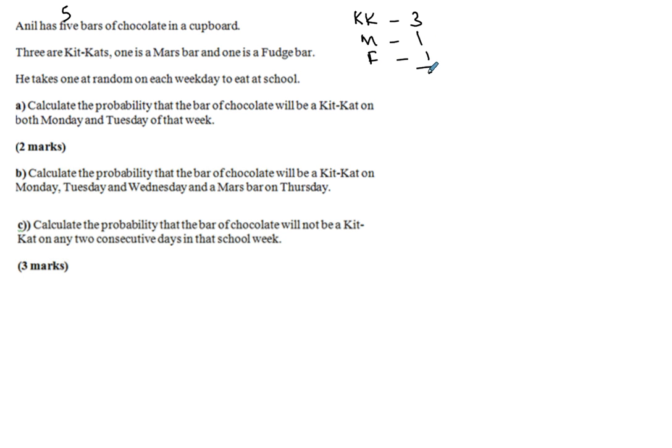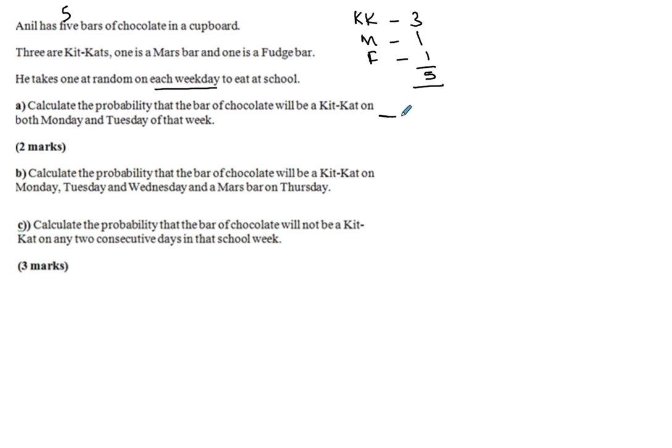That comes to your 5. Calculate the probability that the bar of chocolate will be a Kit Kat on both Monday and Tuesday of that week. He's got 5, and of course it will be Monday, Tuesday, Wednesday, Thursday, Friday, each weekday.